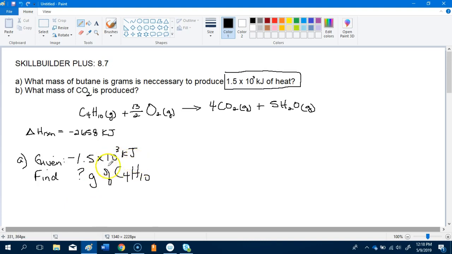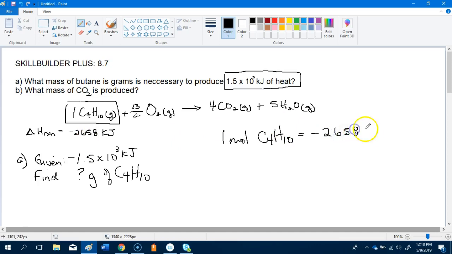So the conversion factors that I'm looking at are, first of all, 1 mole of my butane, C4H10, is equal to negative 2,658 kilojoules of heat emitted.